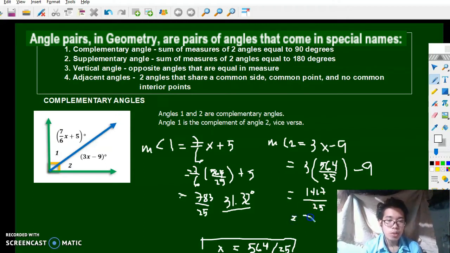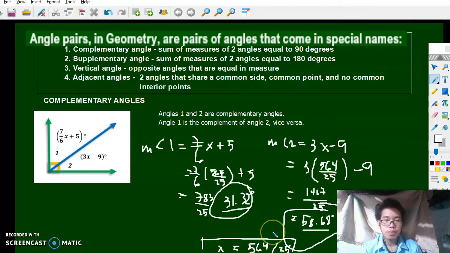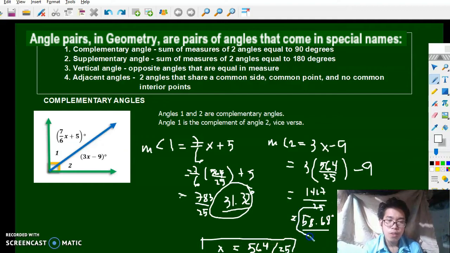Now we have the measurement of the 2 angles. For the measurement of angle 1, we have 31.32 degrees. For the measurement of angle 2, we have 58.68 degrees. To check whether your answer is correct, add both measurements: 31.32 plus 58.68 gives you 90 degrees.